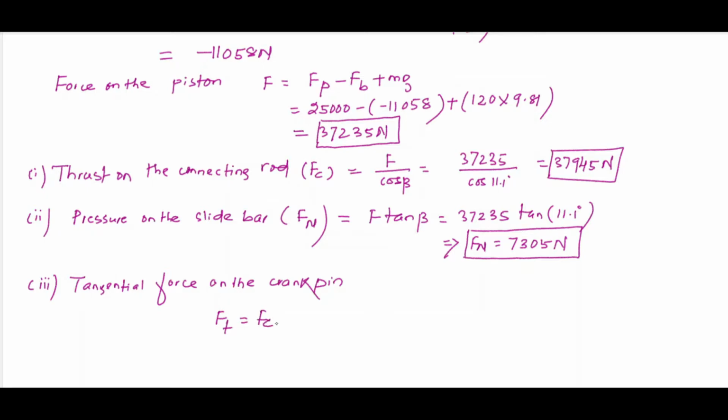So this is Fc sine theta plus beta. So I can write this as Fc is 37945 multiply with sine theta is 120 plus 11.1. So it will be 28594 Newton.